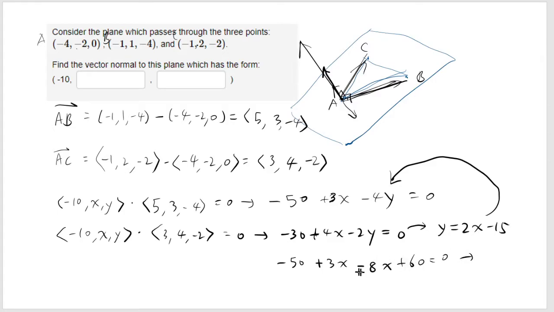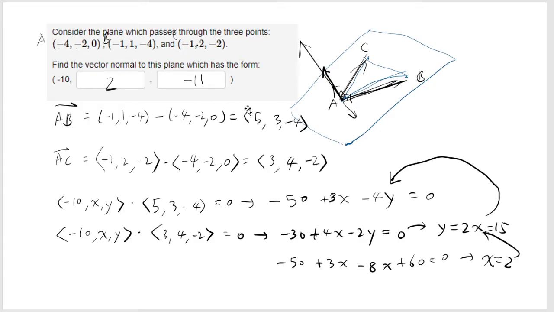So -5x plus 10 equals 0. So x must be 2. If x is 2, plug that back in here. I get 4 minus 15, negative 11. So I get 2 for x and -11 for y.